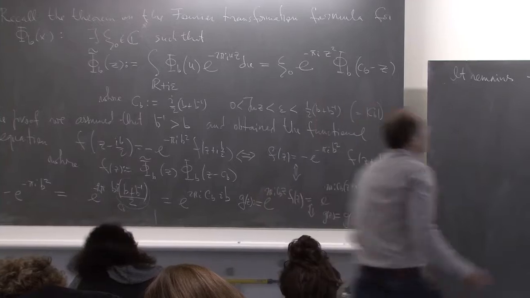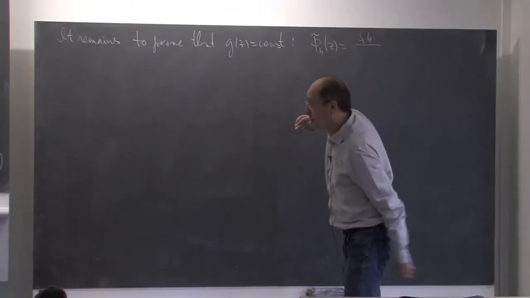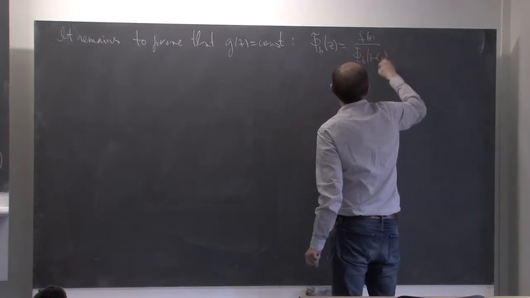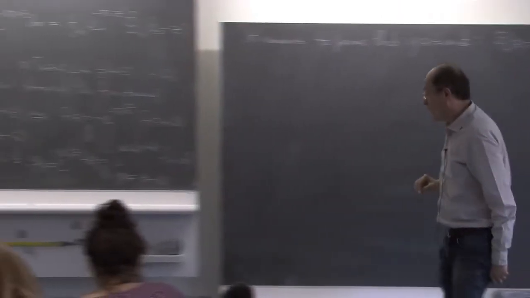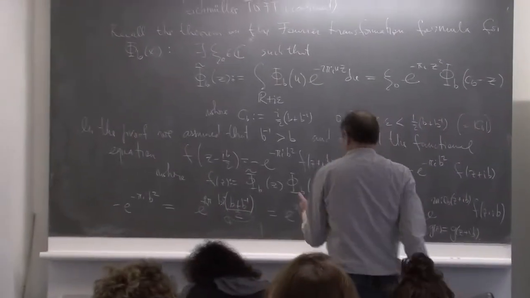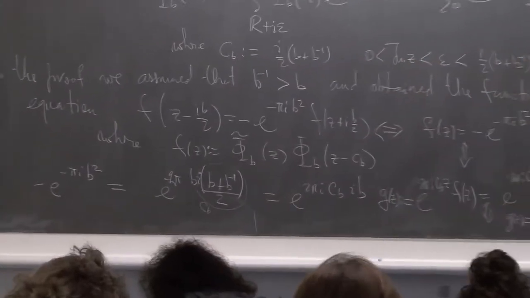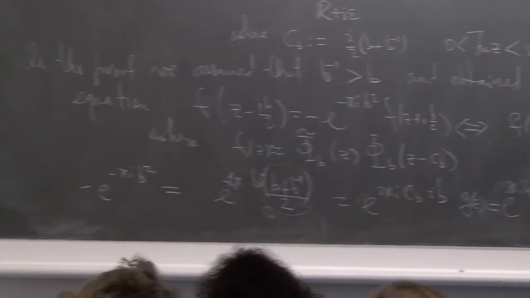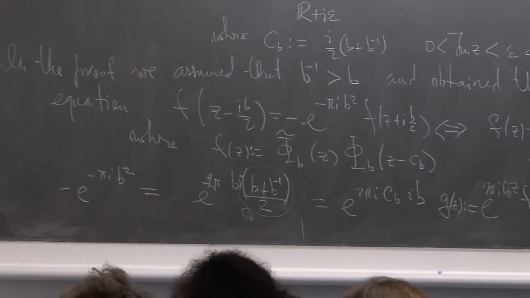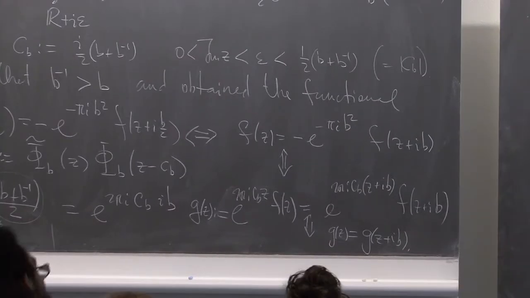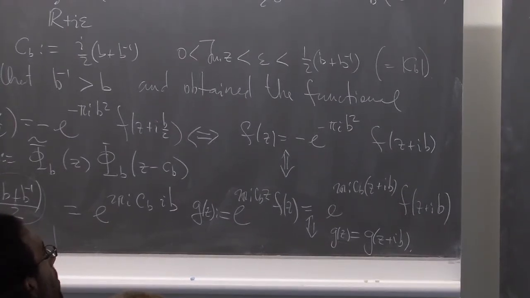Here. So we have to divide f of z by phi b z minus cb. And now we solve for f of z from the equation defining g of z here. So it is g of z e minus 2 pi I cb z divided by f of b z minus cb.